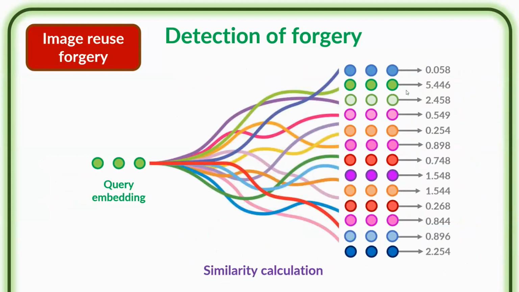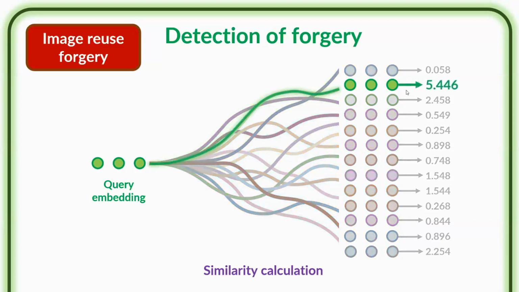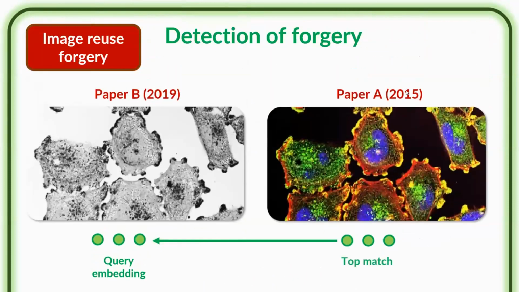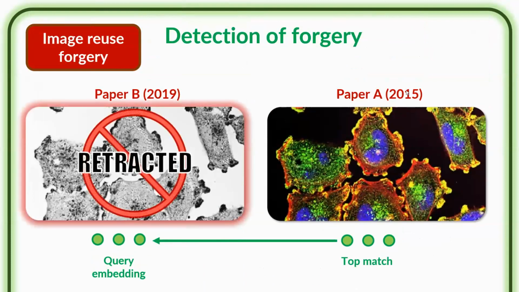The closer the images, the higher the value of the similarity calculation. Now we can find a set of images with very high similarity, pull those images out, and understand that this query image was actually taken from a 2015 research paper, and this has actually led to the retraction of this paper in 2019.